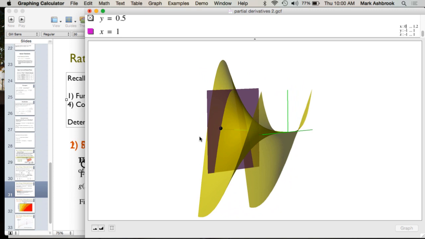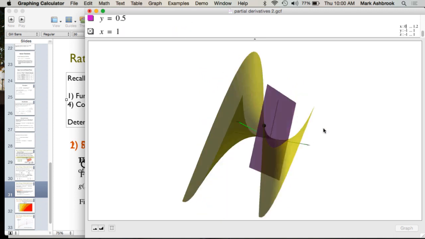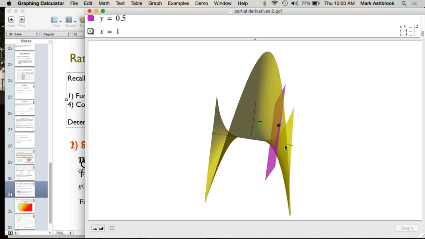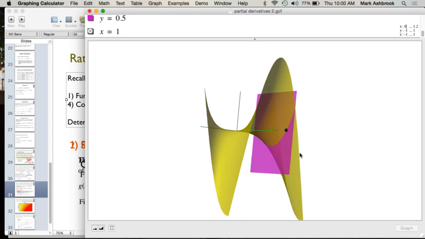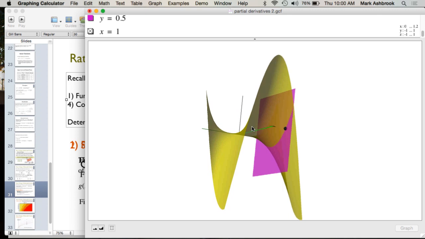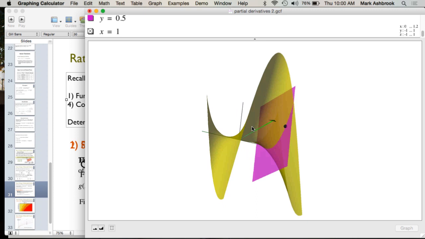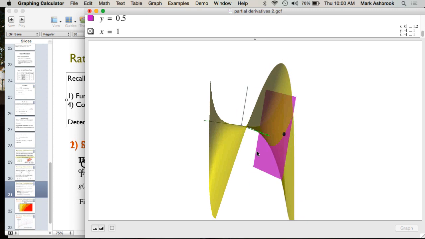Z is heading down fast for a little change in y. Whereas z is going up moderately as x increases, but not like it goes down with y. So that should agree with the numbers that you got.